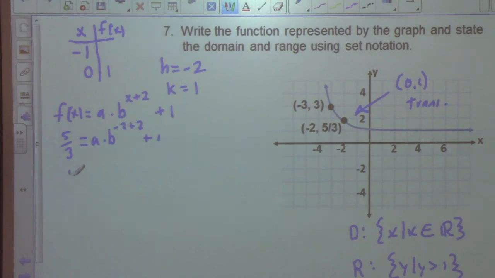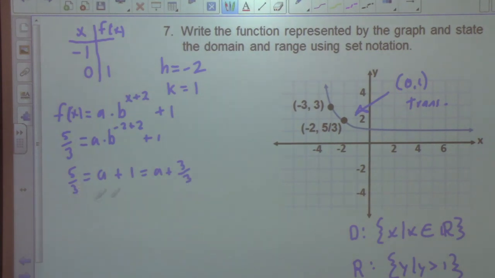So we have 5/3 is going to be equal to a times 1 plus 1. And 1, I know, happens to be 3/3. And now if we solve for a, what do we do here to solve for a?